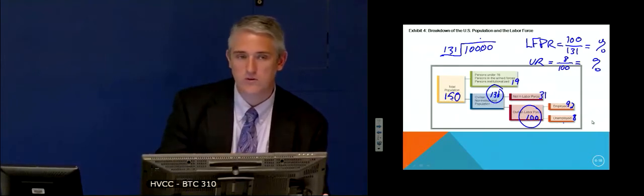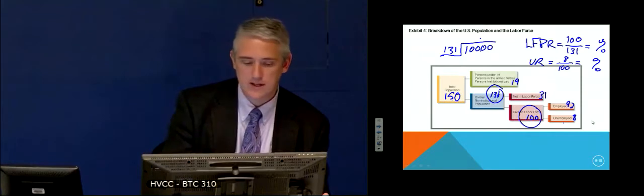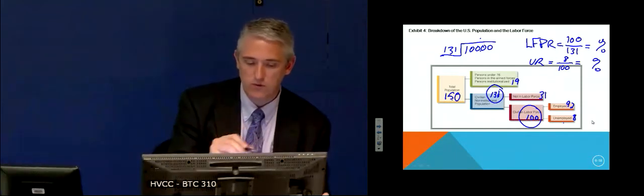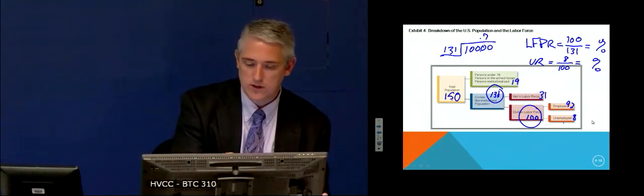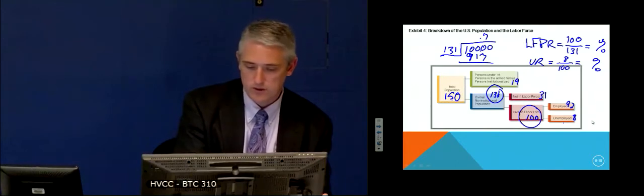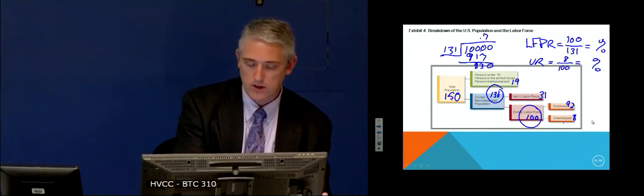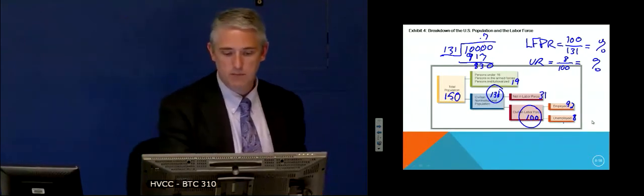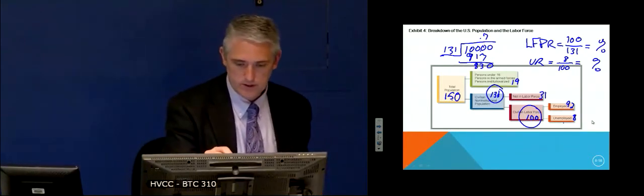We know 131 goes into 1,000 roughly 7 times. That leaves us with 83, 830. And that gives us about 6.